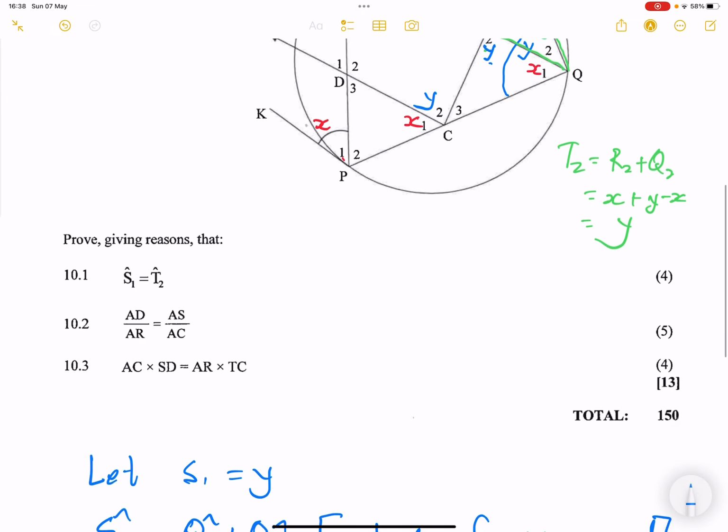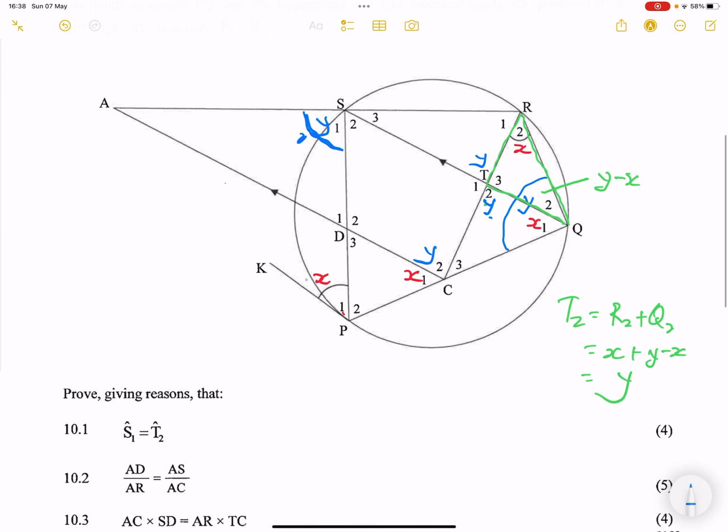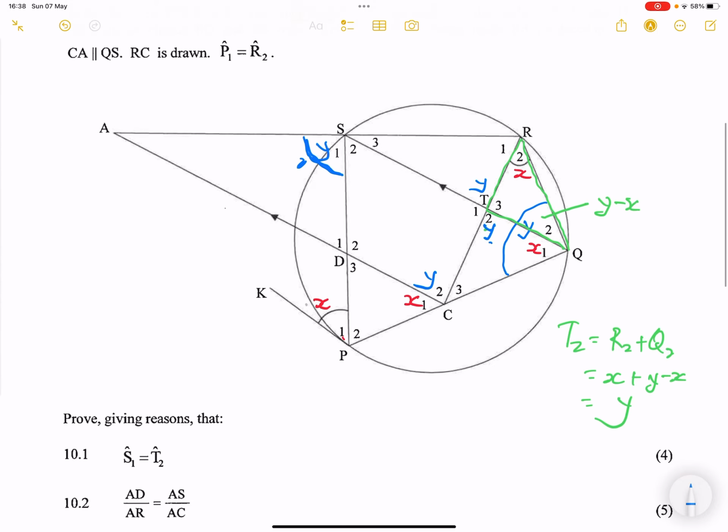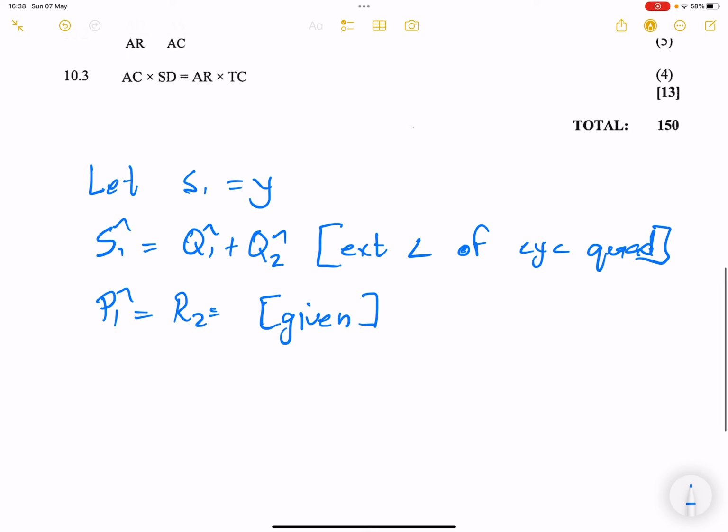And then in this case, we said, but we know that angle P1 is equal to R2, which was already given. Okay, that was given to us. All right, and so we said that will be equal to x. Okay, so we called that x.